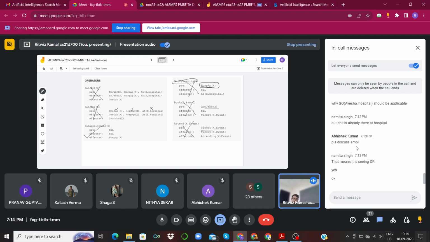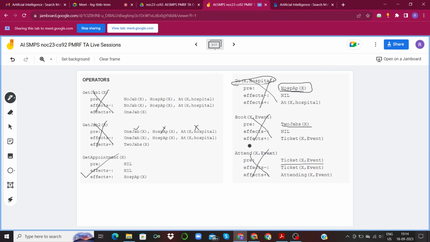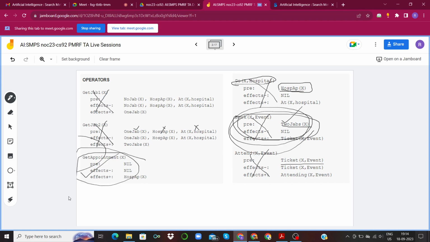So Abhishek, you had requested the answer for Amol. Amol had only one fact in the initial state given to us: that Amol has two jabs of vaccines. If you look at the operators, this book operator is one that we can apply because it has the precondition satisfied, and this get appointment operator we can apply because it does not require any preconditions.